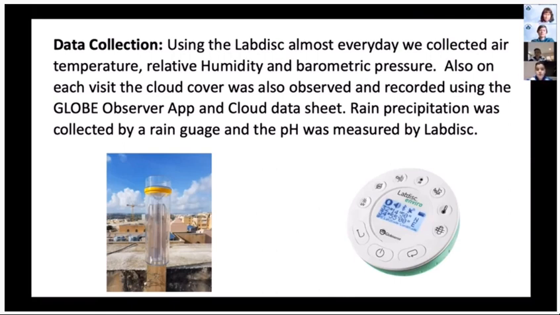We also observed clouds from that site. And the rain precipitation was collected by a rain gauge that you can see there. Also, as you can see from the rain gauge picture, there are many buildings behind and also many clouds.